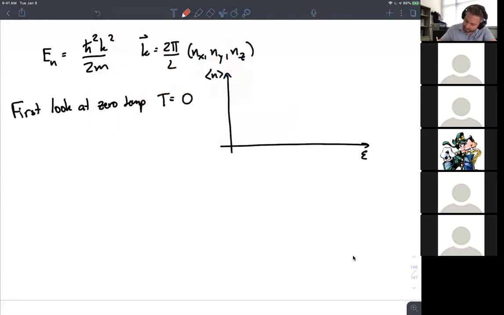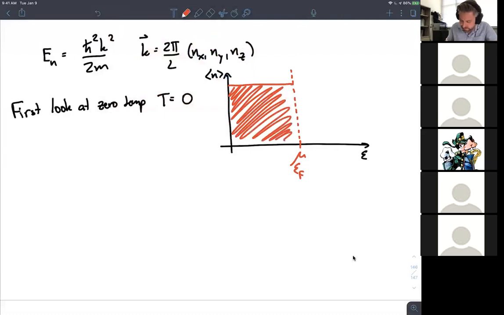You have this special value that is the chemical potential, also referred to as the Fermi energy, E sub F. All states up to the Fermi energy are filled. All states above the Fermi energy are empty, where this value up here is 1. So it either has a particle in it or it doesn't.